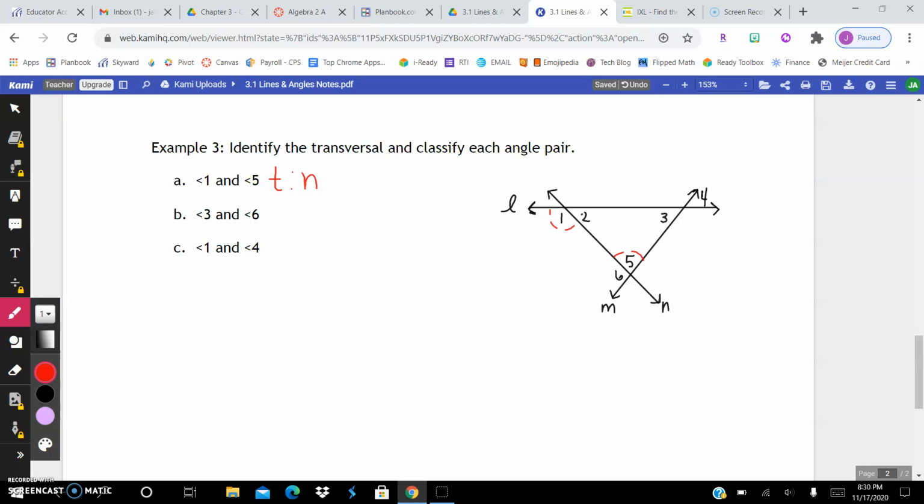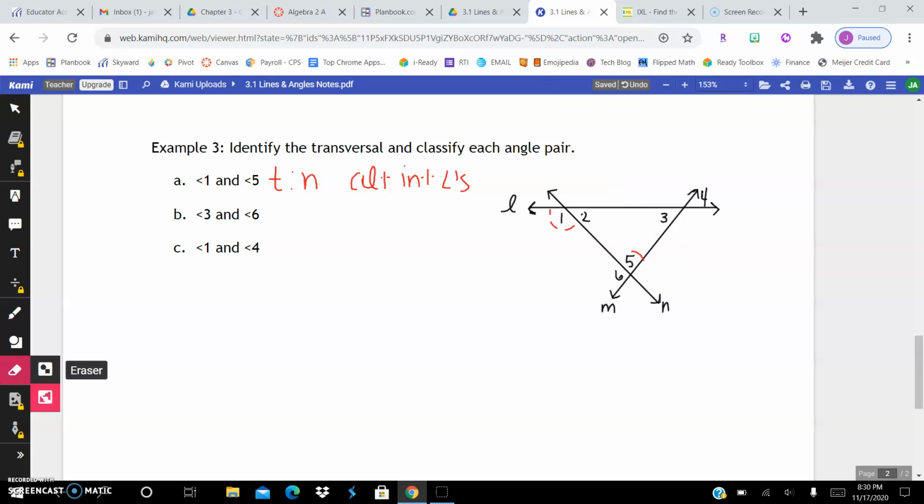So if you were to kind of cut off this corner up here and just think about the picture down here that includes both of those, they are both on the inside of the two lines and they're on opposite sides of the transversal. So they would be alternate interior angles.